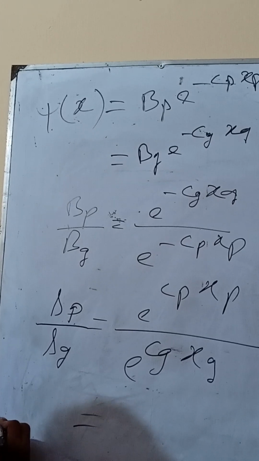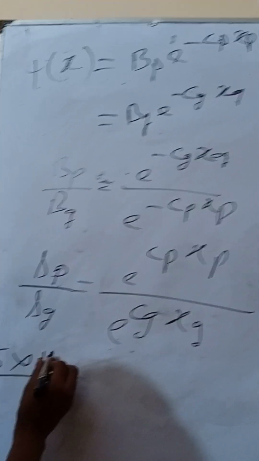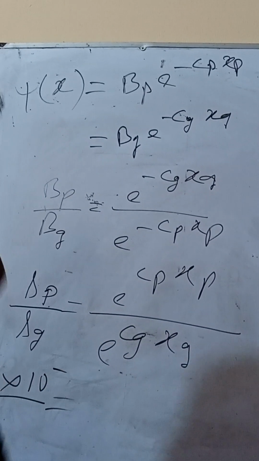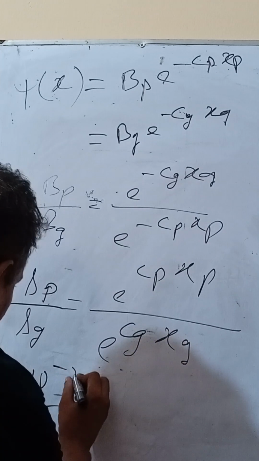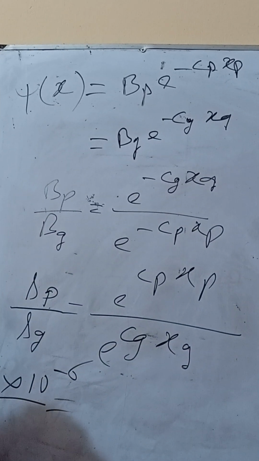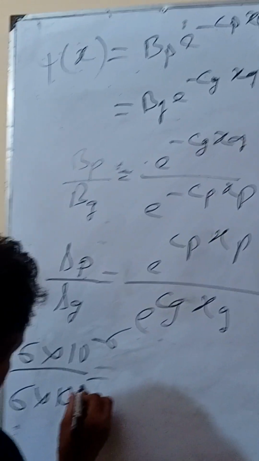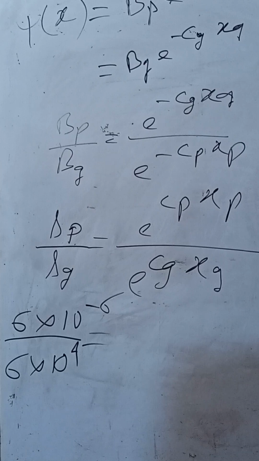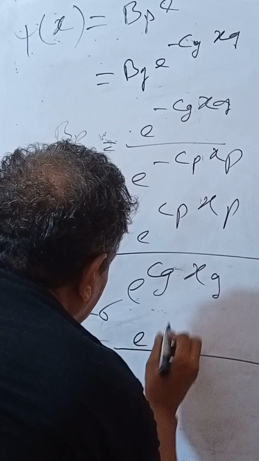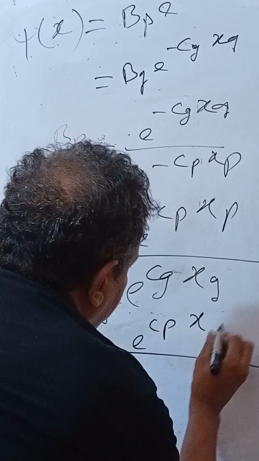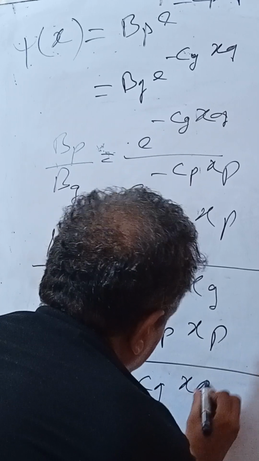Such lambda p of photon particles is equal to 10 to the power minus 6, and lambda z of graviton particles is 10 to the power plus 4. Now ECP, XP, ECG, XG.